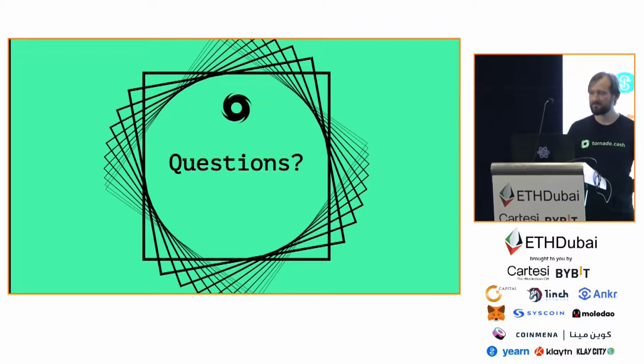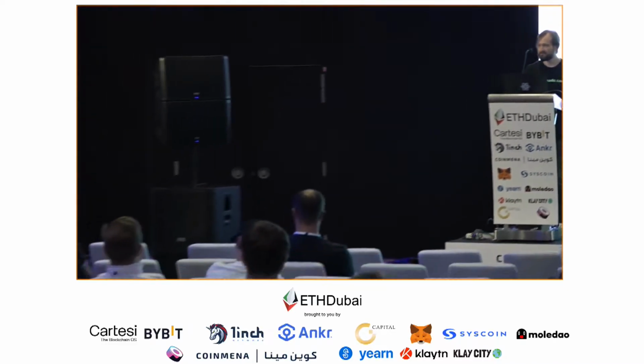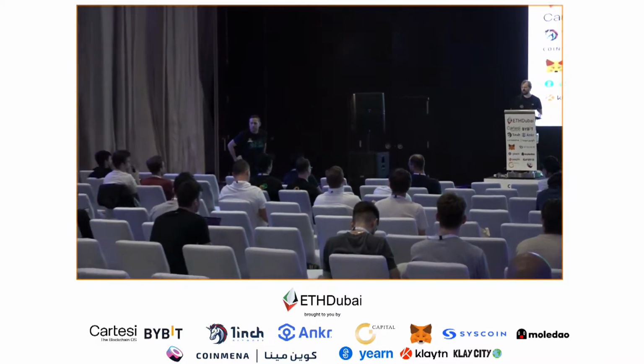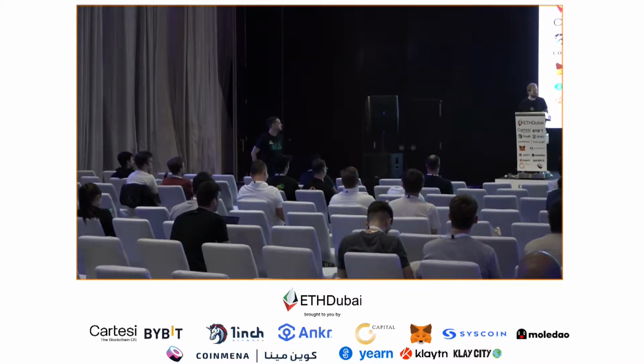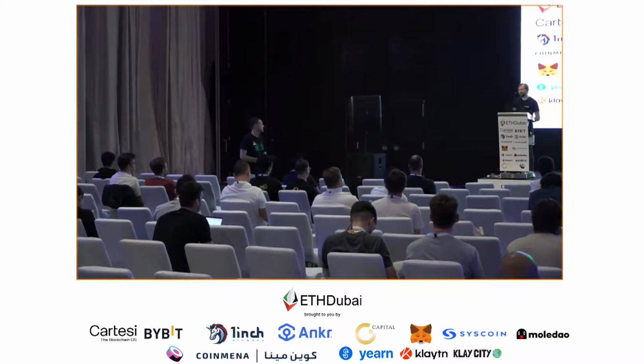All right, we'll start here. Hi, you mentioned ERC-721 support. How would that work realistically, because they're non-fungible? Yeah, so ERC-721 NFTs will remain private as long as they're in the shielded pool.